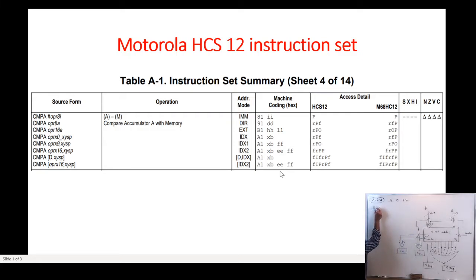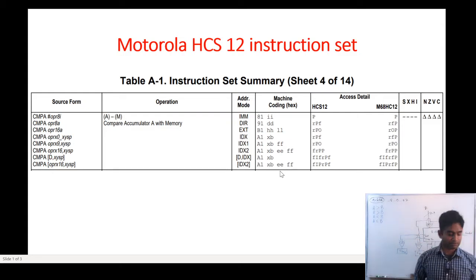For A to be larger than B, A to be larger than or equal to B, A to be less than B, A to be less than or equal to B, we haven't done that yet. So let's derive the conditions. What operation should I check for to be able to make these conditions? Just like what we have done in the last class for the unsigned number comparison, let's do the same thing for the signed number comparison.